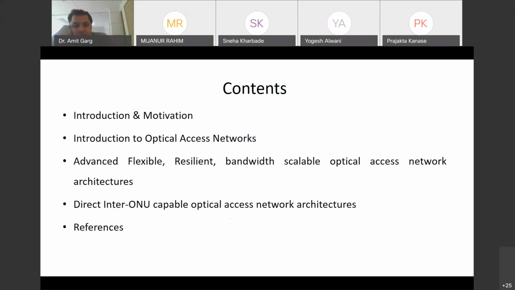Lots of researchers are gaining concern about designing the efficient optical access network, and more particularly about the energy efficiency. Then you already have some idea about the optical access network, so I'll just give some more idea, and then we'll see how to design advanced, flexible, resilient, bandwidth scalable optical access network architectures.